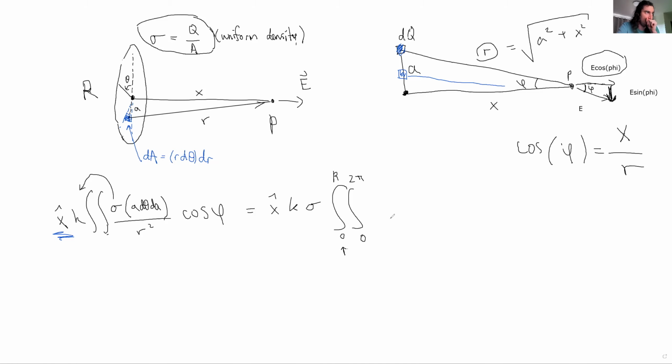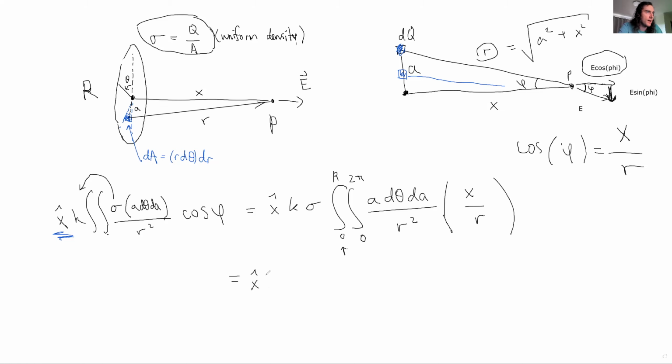There we go. Oh, and also the x from the cosine phi is also constant. So a d theta dA over r squared. And we have cosine phi. Let's replace cosine phi now. Cosine phi is x over r. There it is. The x is also constant. Look at x here, x is fixed. It's the distance between the center of the disk to the point P. Okay, so we have some constants here.